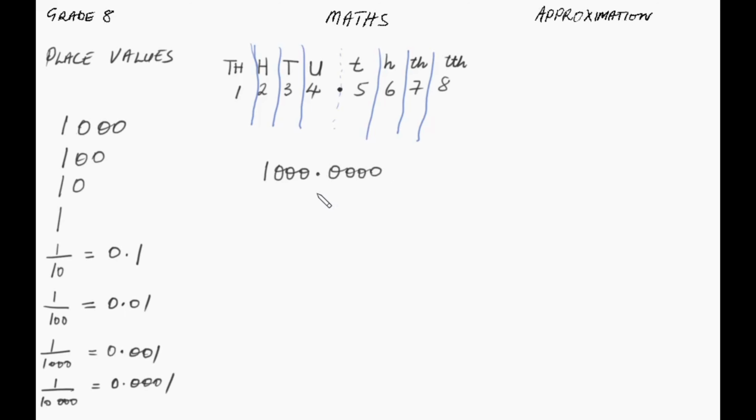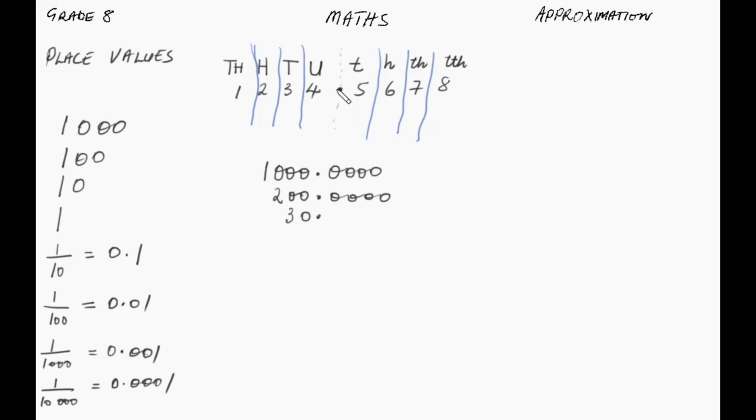Then we also have 200, so it would be 200.0000. I'm just trying to give these numbers individually. Here it's 3 tens. So 3 tens would be actually 30.